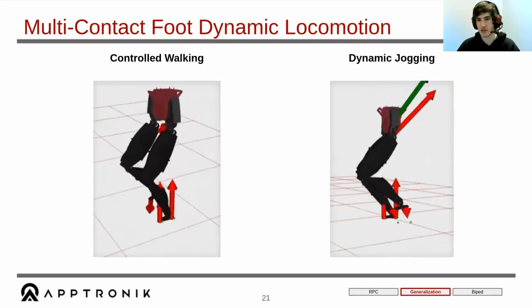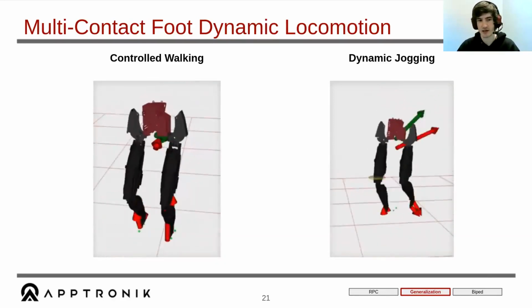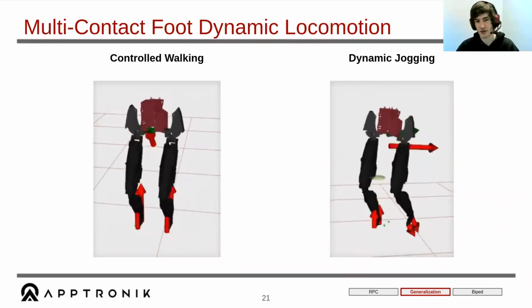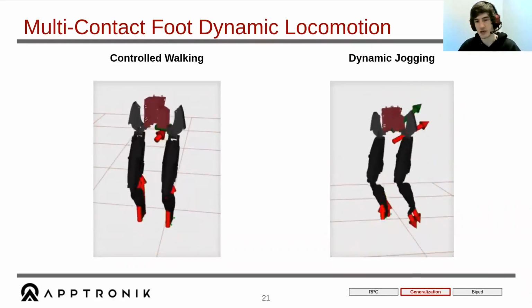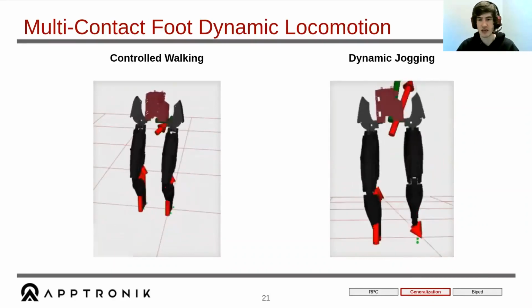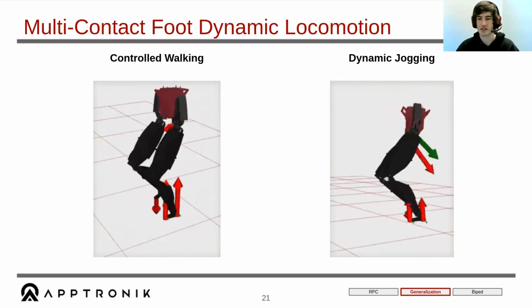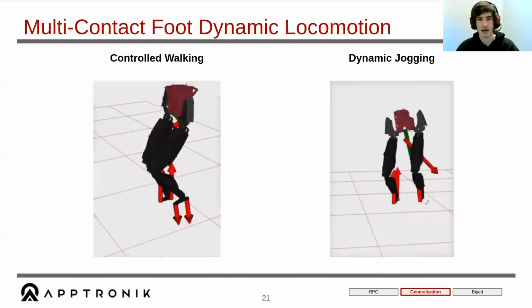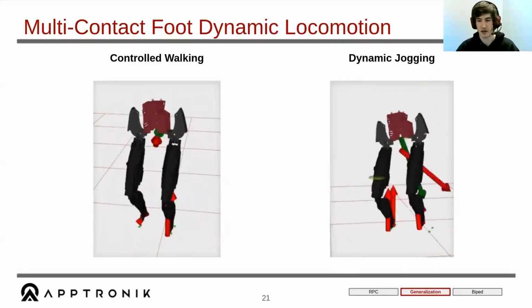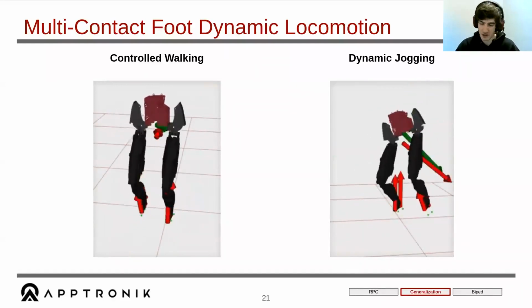And we were also able to get it to do dynamic jogging. So I'm not giving it any kind of reference as far as velocity commands, go forward or turn or anything like that. But I was basically just seeing if the controller was able to stabilize very dynamic gaits on multi-foot or multi-contact feet.